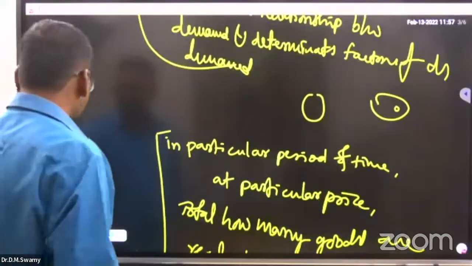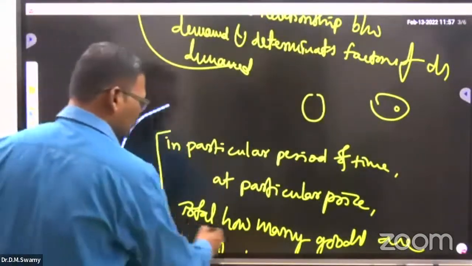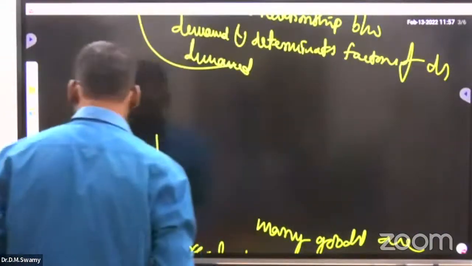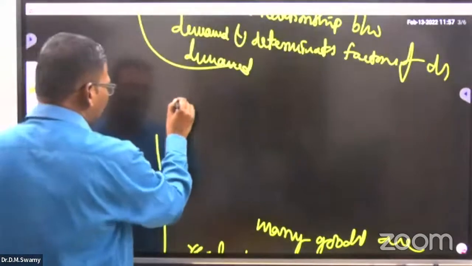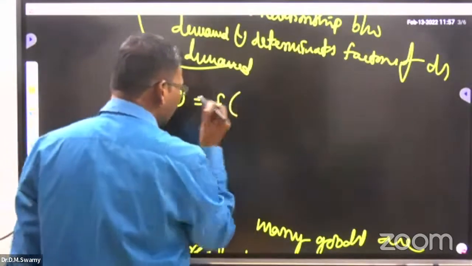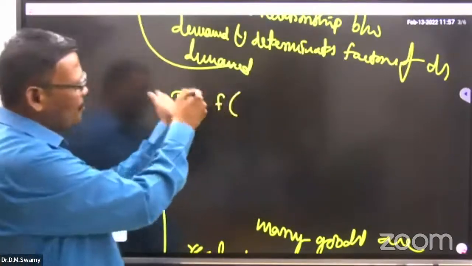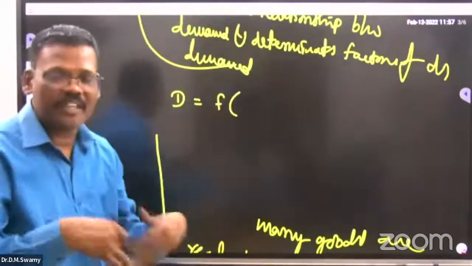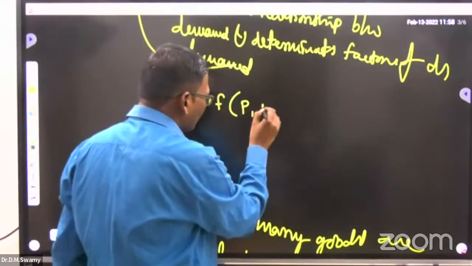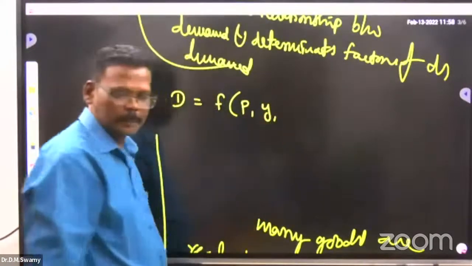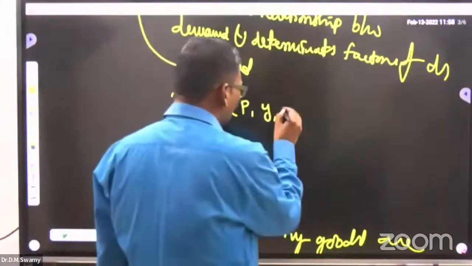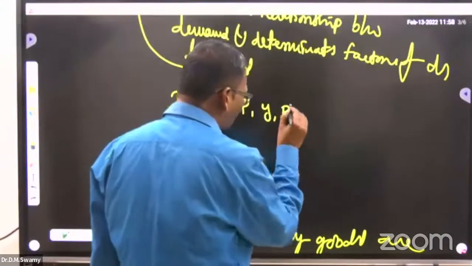Mathematically, we can write like this: demand is a function of the determinant factors of demand. What are the determinant factors of the demand? Price, income, related goods.